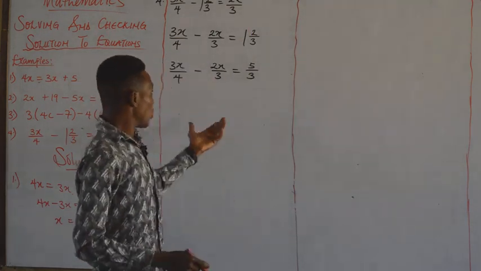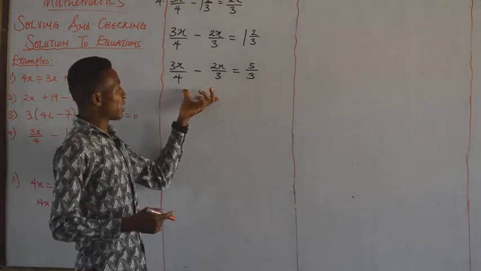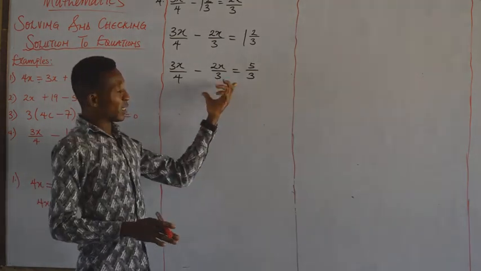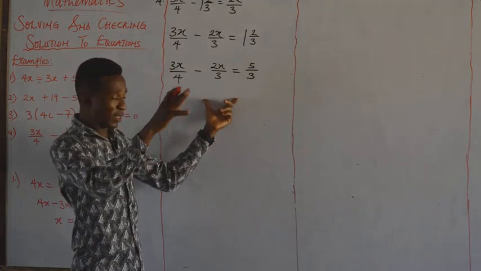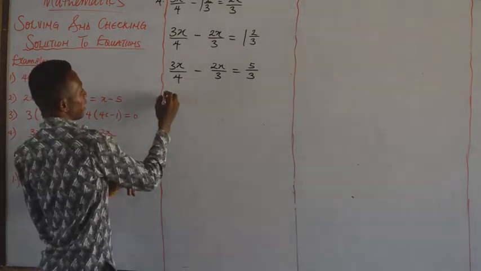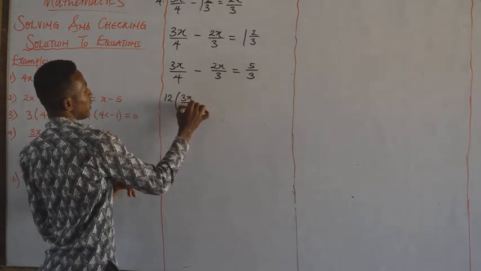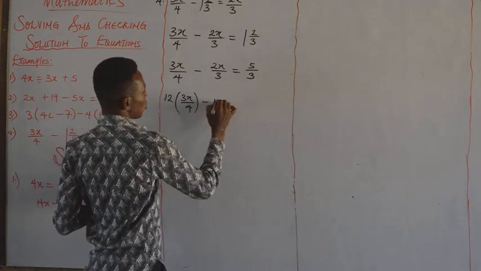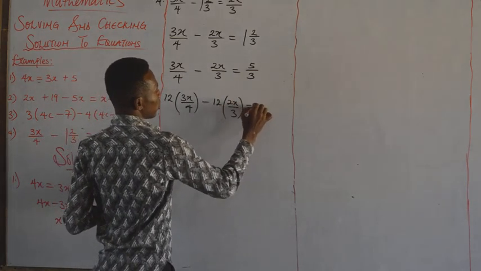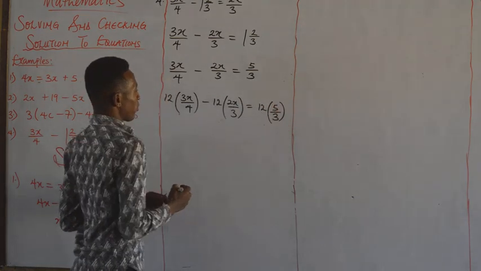But the easiest way for me here is just to get the LCM, and after getting the LCM, I multiply each value there by the LCM. Now the LCM of this is 12. We've done that before, so I'm not going back to that. So I will multiply the values by 12. So I have 12 into brackets 3x all over 4, then minus 12 into brackets 2x all over 3 equals 12 into brackets 5 all over 3.